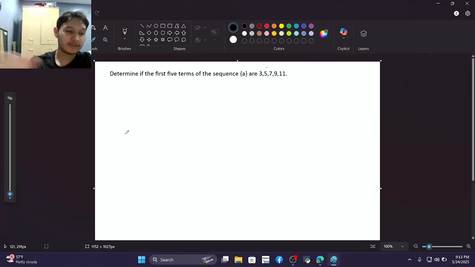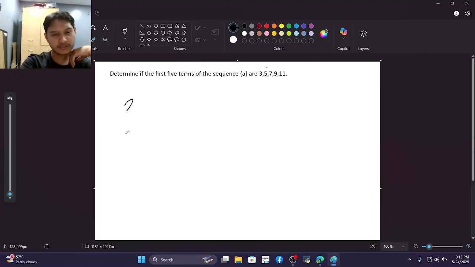So let's think of a formula that, by inserting numbers subsequently, like 1, 2, 3, 4, 5, we will get those numbers.